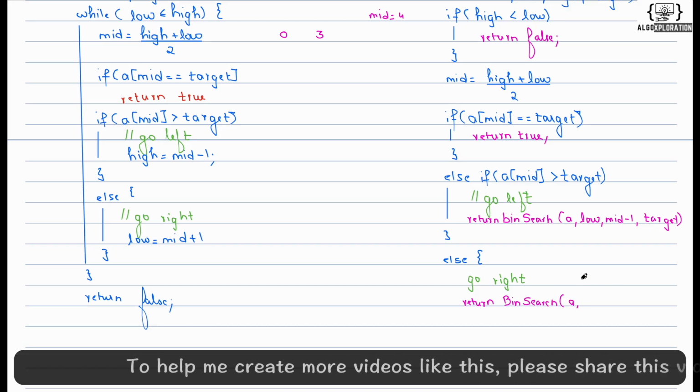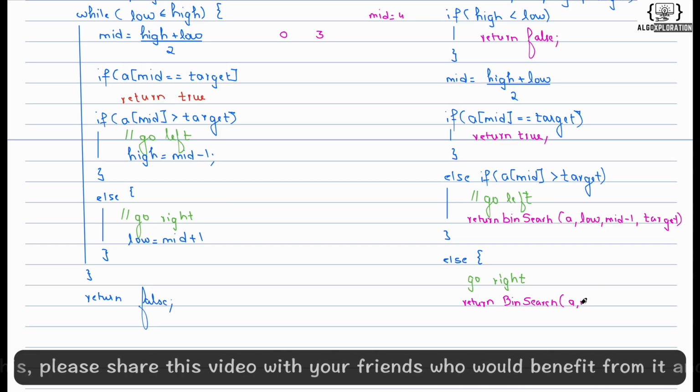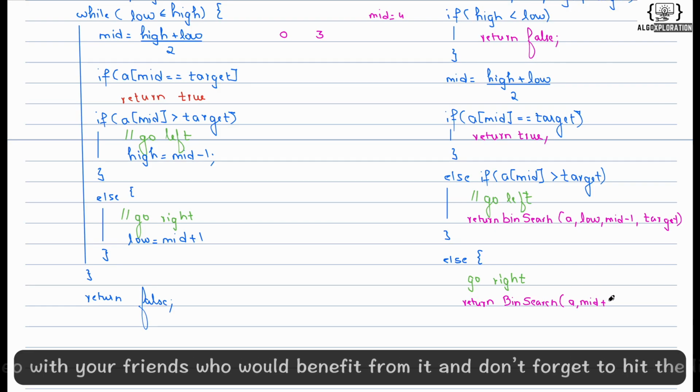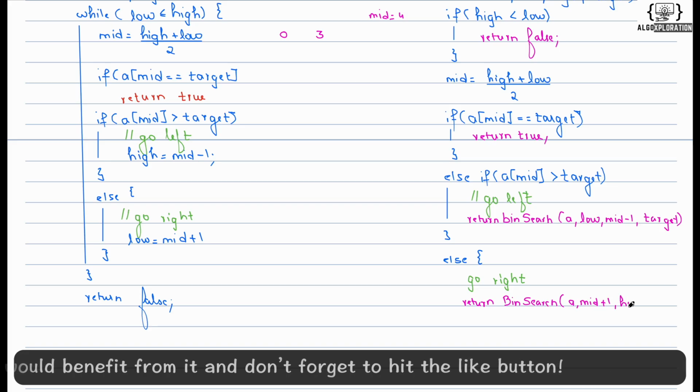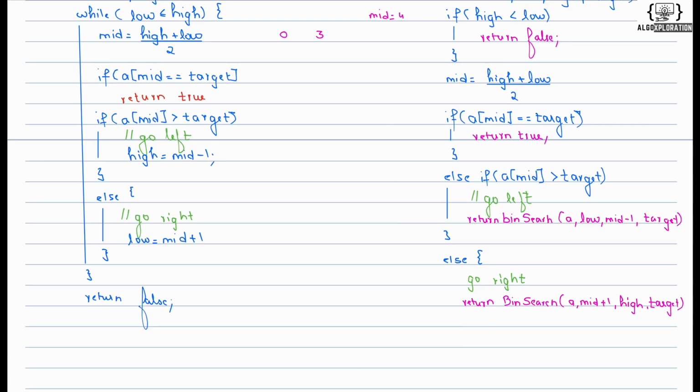Now since we have to go on the right hand side, the low will be mid plus 1, high will be as it is, and target. And that's it. Done. This was the recursive approach.